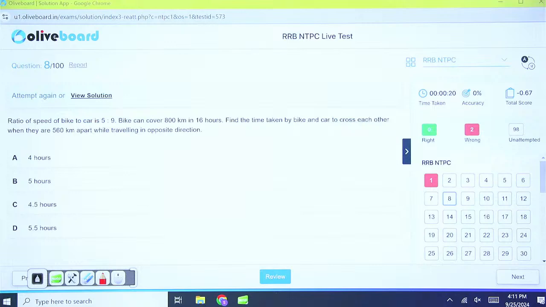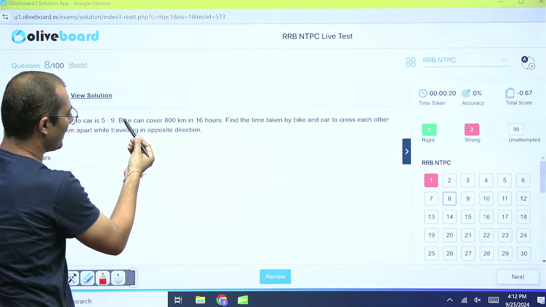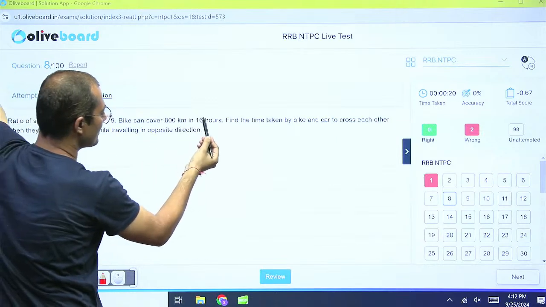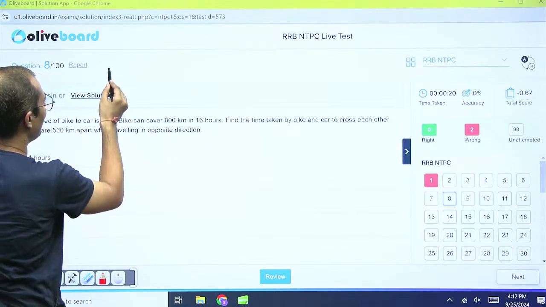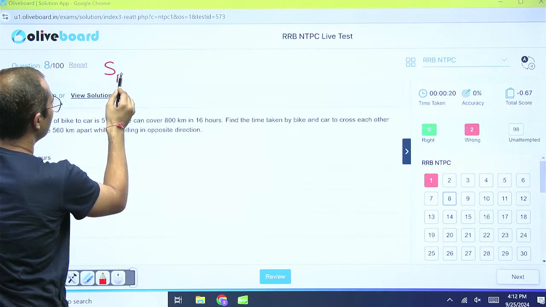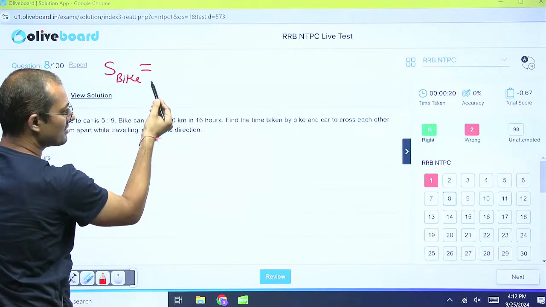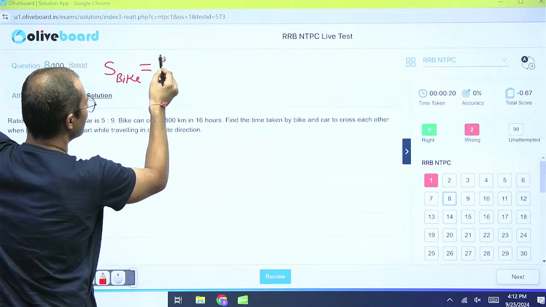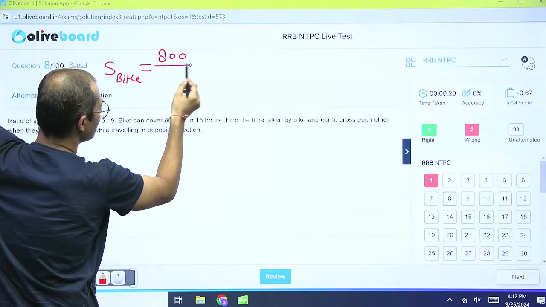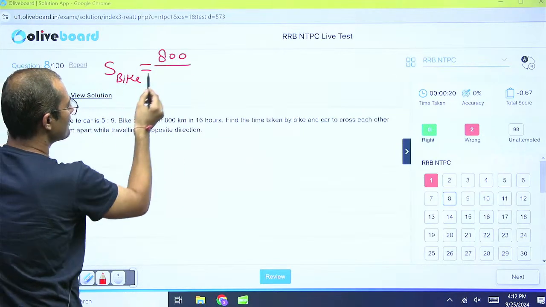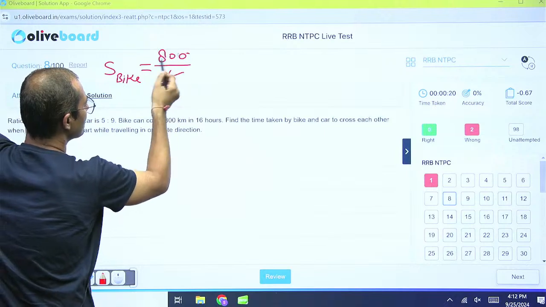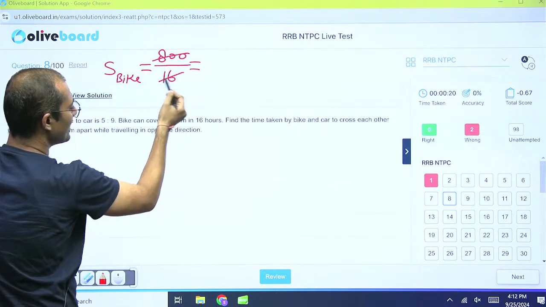The question is saying the ratio of speed of bike and car is 5:9. Bike can cover 800 km in 16 hours. It means we can calculate the speed of bike. We know that speed is equal to distance divided by time. Here the distance is 800 km, covered in 16 hours, so its speed would be 800 divided by 16.